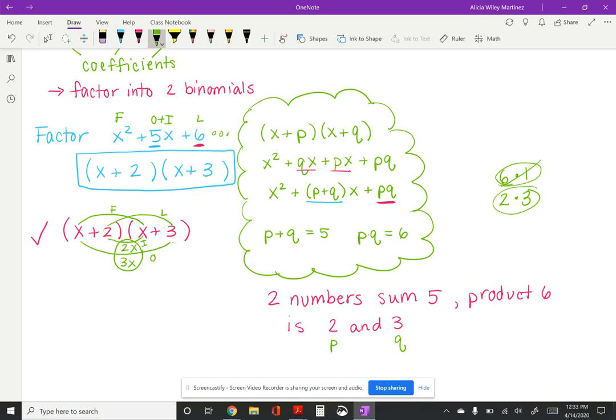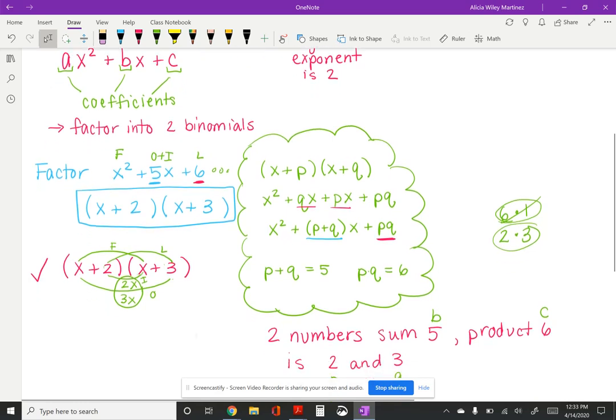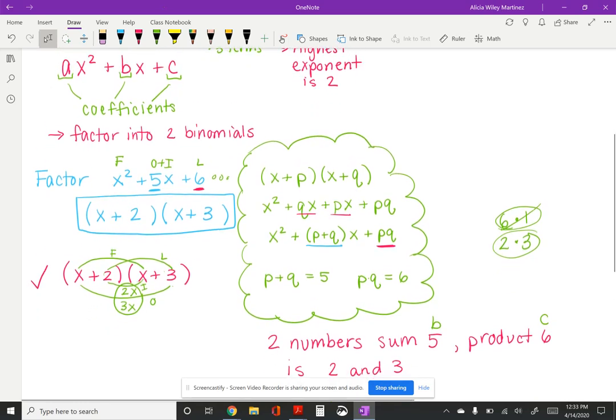So really what you're looking for is two numbers that add to get you your B value and multiply to get you your constant value, or your C value. We need two numbers that give you a sum of the B value and the product of the C value, if you're thinking about the form of ax squared plus bx plus c.